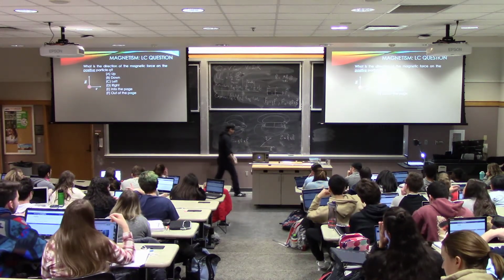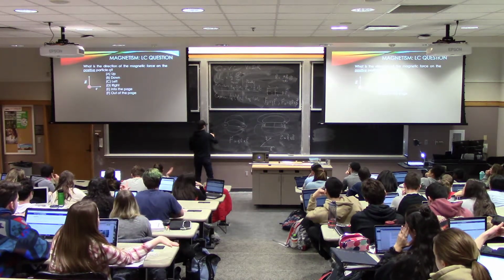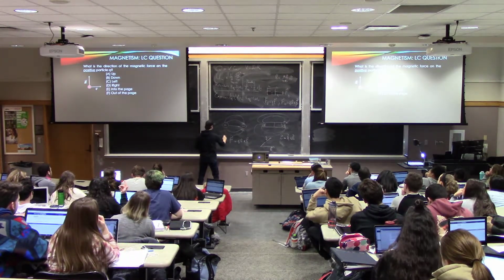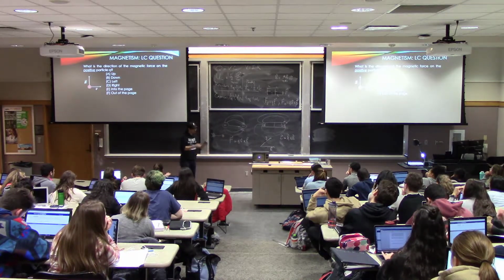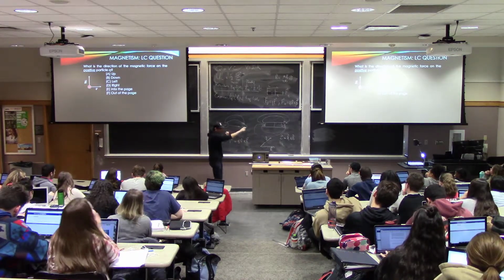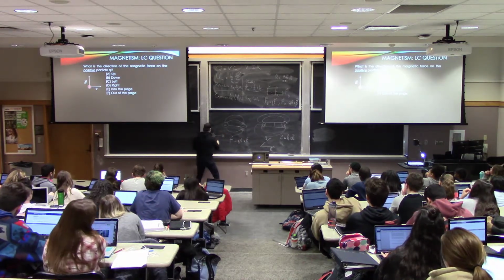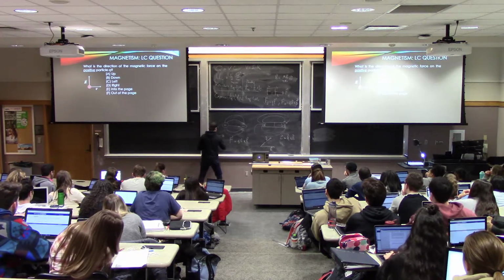And the way that we indicate into the board and out of the board is to consider what an arrow looks like. If I fire this arrow towards the wall, then what I see are the feathers. So if something's moving away from me, going into the board, I'm going to see the feathers.